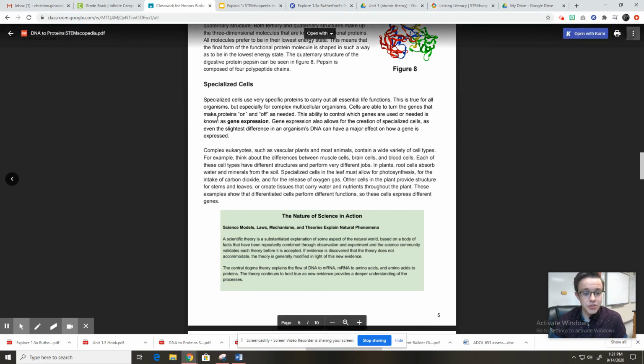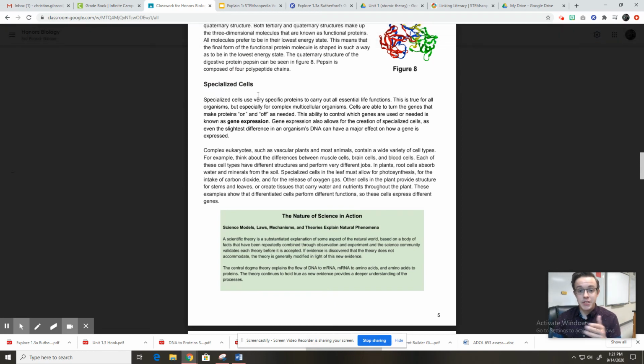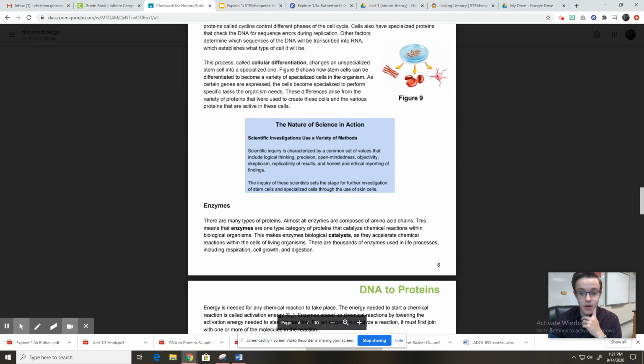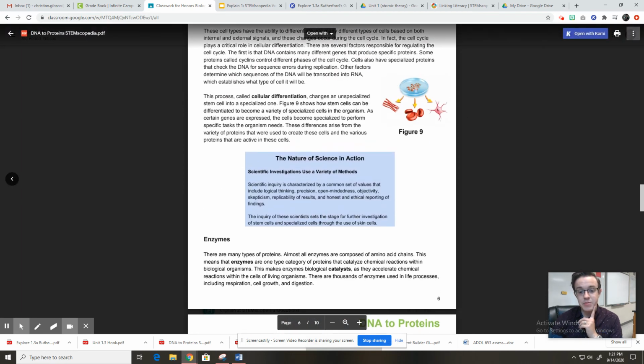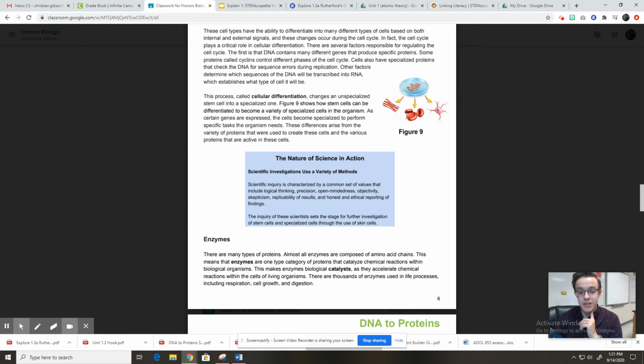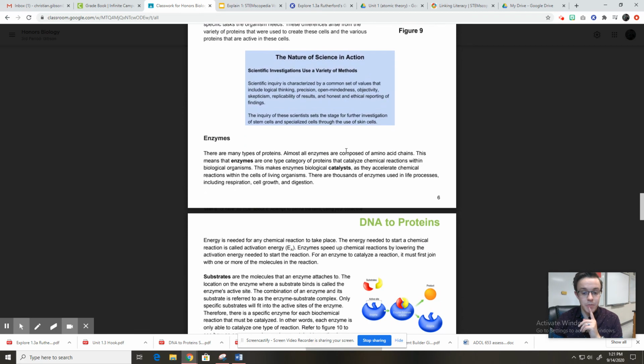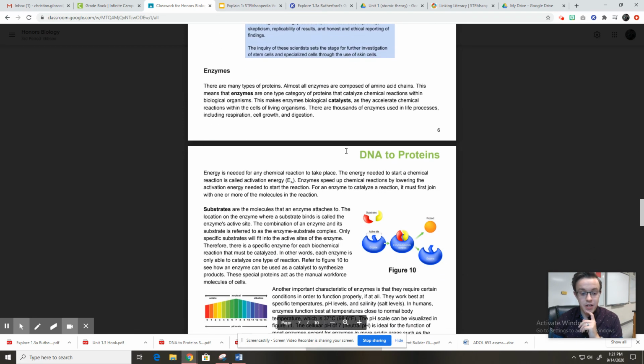So this is what allows for specialized cells, because each different cell type has different proteins that are being made to give that cell its specific function. Okay, so like here they start as stem cells, and then the proteins in these are made to make them muscle cells. The proteins here, like hemoglobin, are made to make these red blood cells, and then over here you have like a neuron where proteins are being made to give it its function.